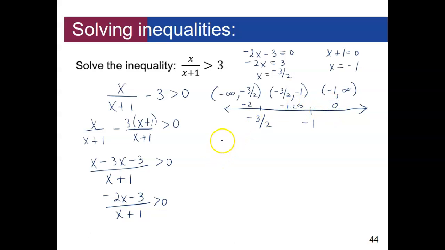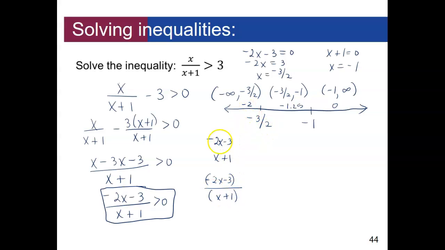Okay, so we're going to be putting it into, again, go down to where you have it simplified and compared to 0. Don't use this one. So we're going to have negative 2x minus 3 divided by x plus 1.